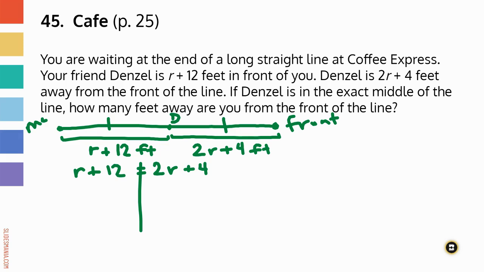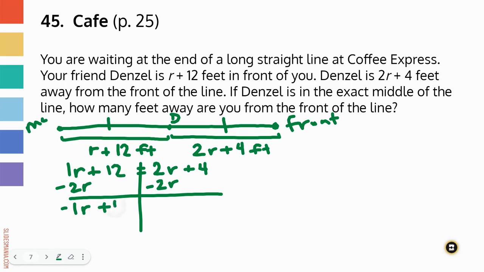So I'm going to start by subtracting 2r on both sides. And then I can put a 1 in front of that r. So 1r minus 2r is negative 1r. Plus 12 comes down. 2r minus 2r cancels. And then over here I have 4 left.